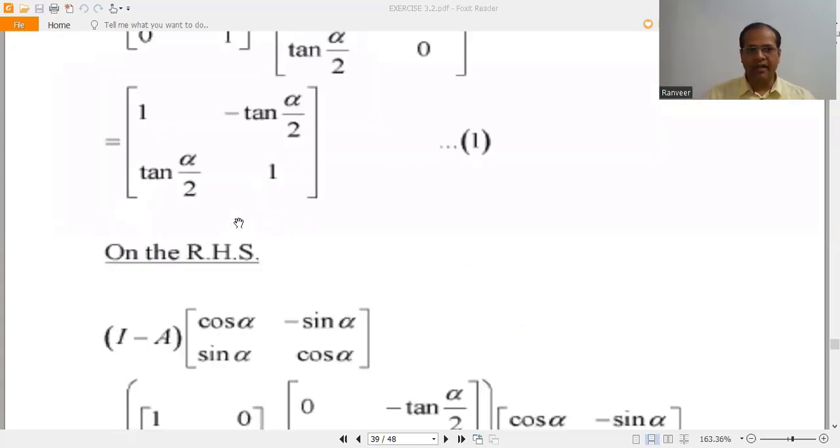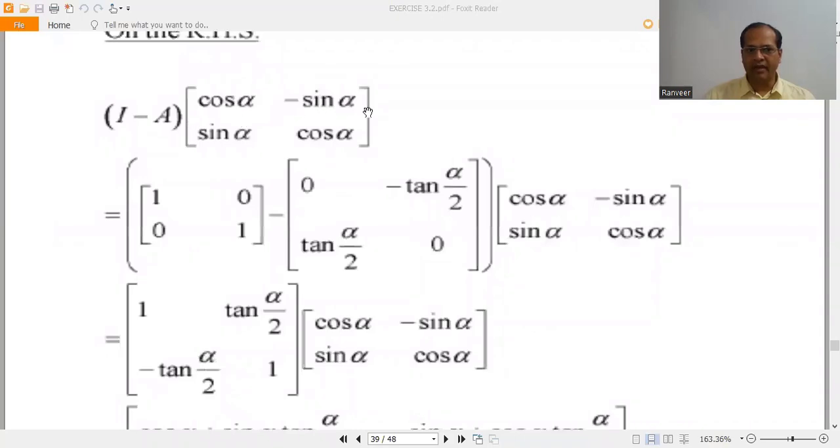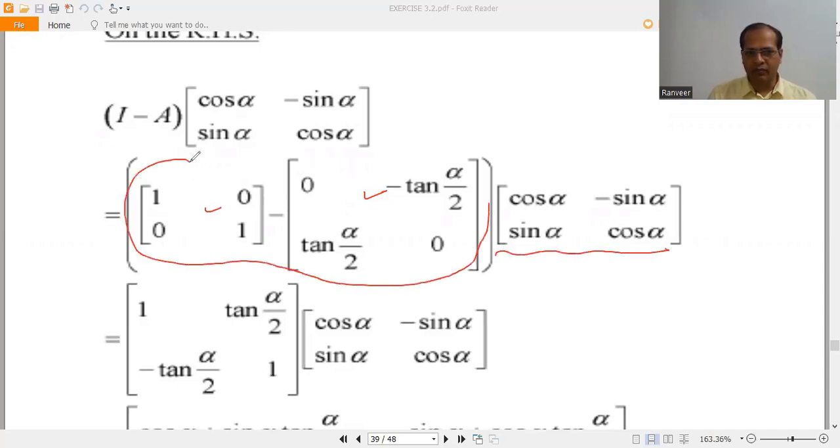Now after that, I minus A times cos alpha minus sin alpha, sin alpha cos alpha. First of all, this I minus A we have to find out. I is nothing but 1 0 0 1 minus A value is this, and this is the product. So first of all, this value we have to find out and make one matrix.